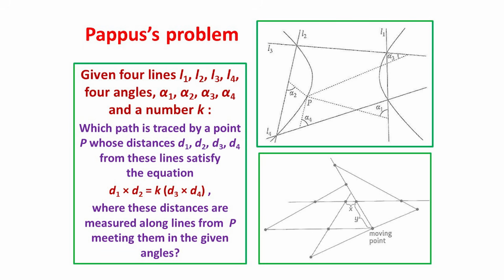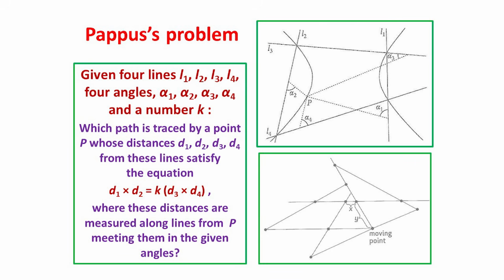The important thing is that to solve this problem, as pictured below, Descartes wrote x for the length of one line and y for the length of another line. He then calculated the distances in terms of x and y and showed that the equation d1 d2 equals k times d3 d4 is a quadratic equation involving such terms as x squared, y squared and xy.